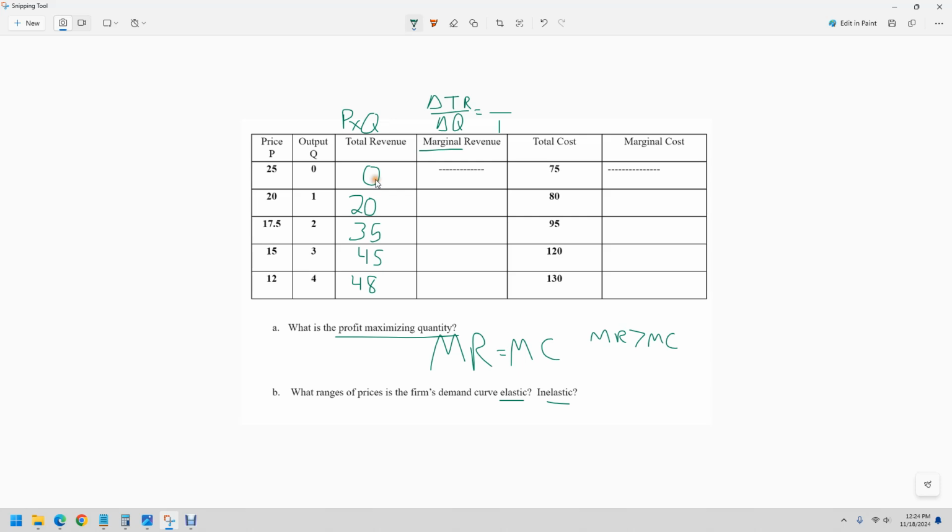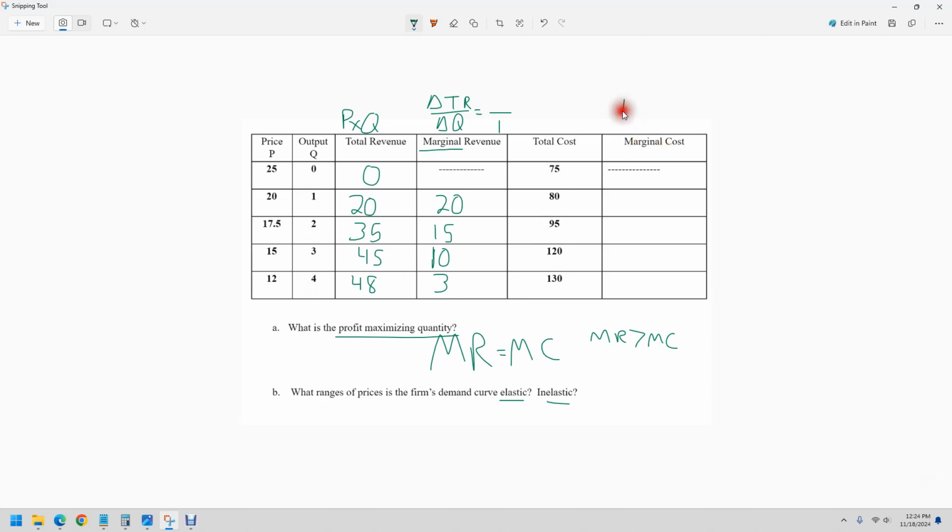I like to say, what do I have to add to this to get to here? Some people say, I subtract this. Either way, it's 20, 15, 10, and 3. So this is the additional revenue the firm is going to pick up by lowering its price and selling more units.